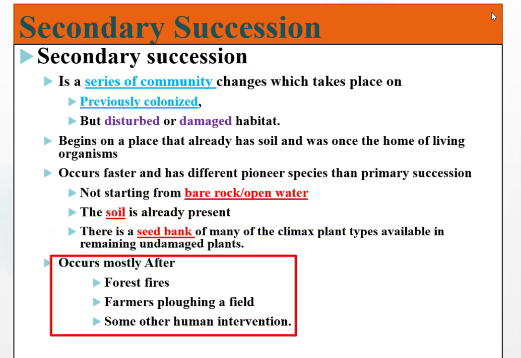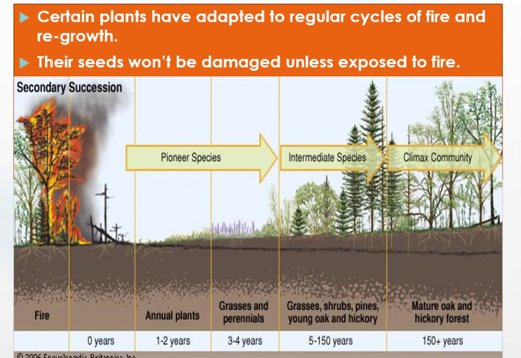Secondary succession mostly occurs after forest fires, when farmers plough a field, and after some other human interventions.